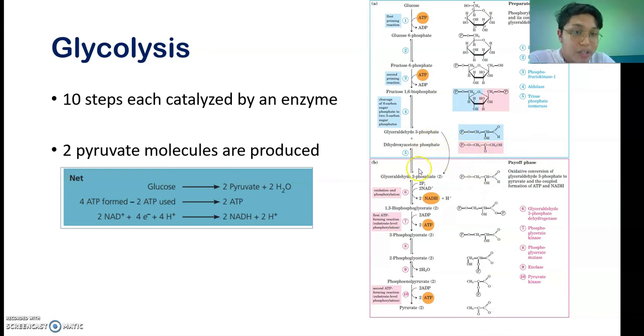Okay? So, mangyayari ngayon, mako-convert yan from the aldotriose or ketotriose na yon to pyruvate, which is, again, a molecule na tatlo ang carbon. 1, 2, 3. So, in all, meron kang 2 moles of pyruvate na mapoproduce.